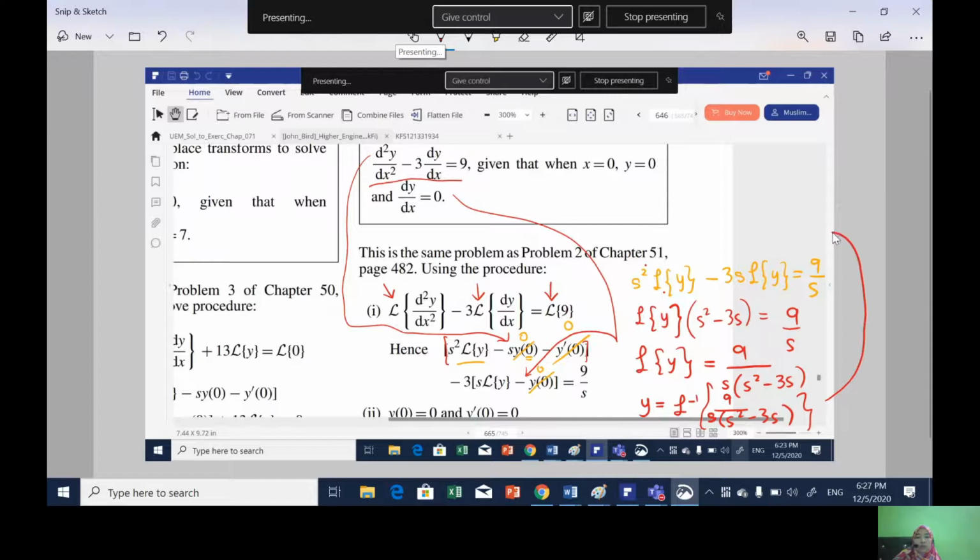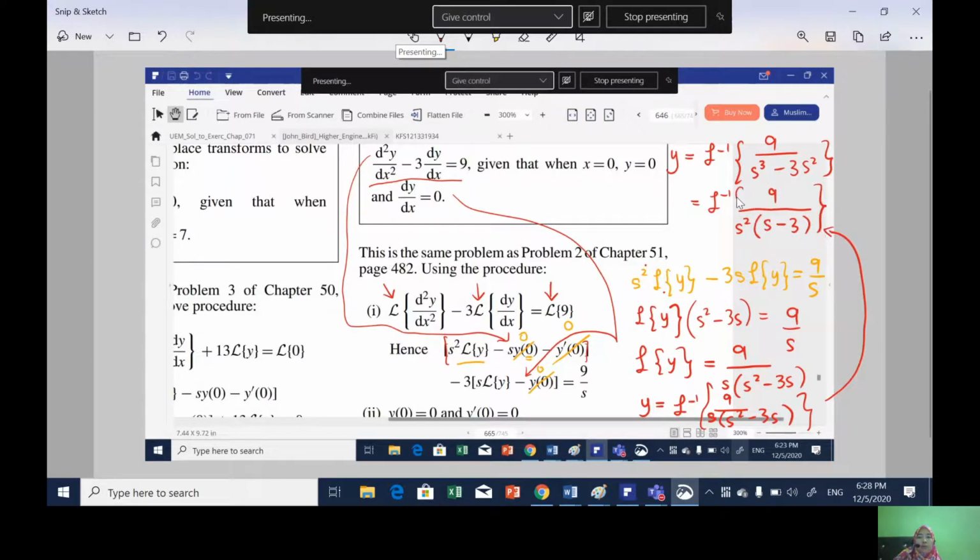We can write down like this, y equal to 9 over s cubed minus 3s squared, correct? Actually the common factor is s squared. So I have, factorize s squared, I have s minus 3.